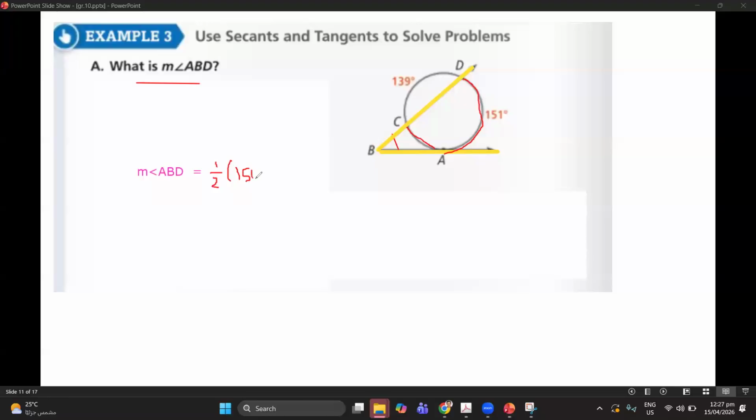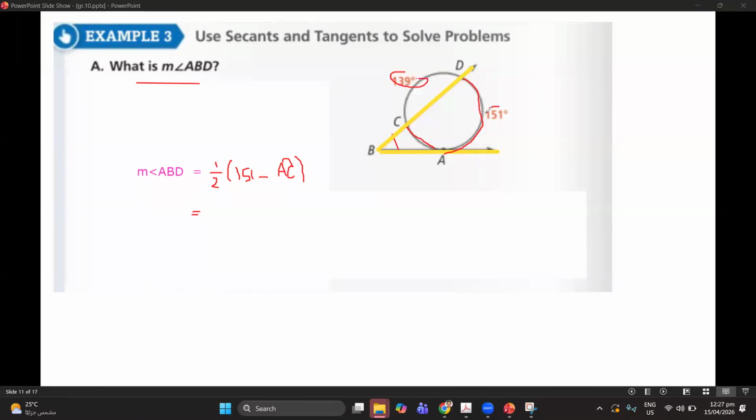Now, is it minus or plus? Minus the measure of arc AC. And the measure of arc AC here is unknown. How can I find the measure of AC? From C to D it's 139.